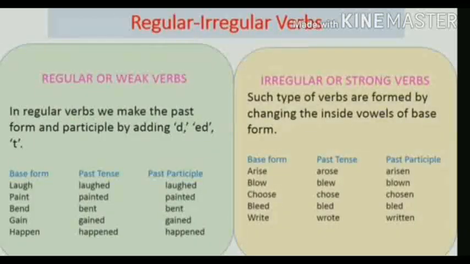Okay, now the other type of verbs is regular and irregular verbs. Regular or weak verbs. What are these? They end with d or ed or t. For example, laugh, laughed, laughed, paint, painted, painted, bend, bent, bent, gain, gained, gained, happen, happened, happened.